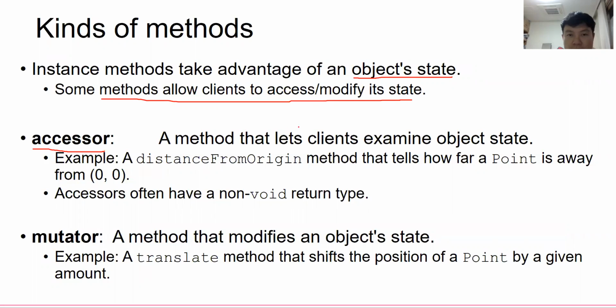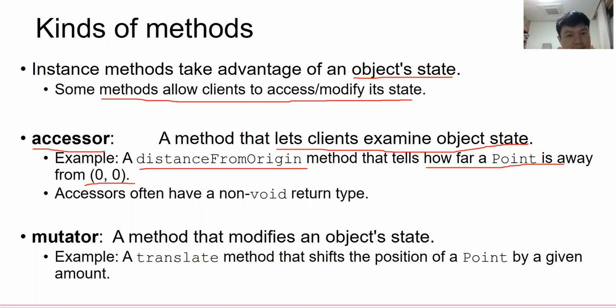For example, a method that lets a client examine the object state. Let's say I want to calculate the distance from the origin, how far a point is away from 0,0. Every point will be square root by the 0,0.